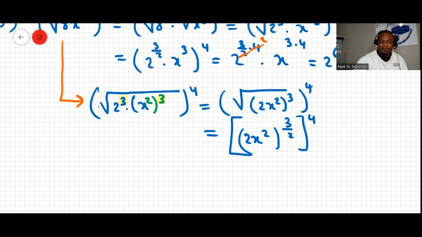Now, 4 and 2 here will be simplified, left with 2, and then this makes 2x squared to the power of 6, sorry, because we multiply 3 with 2 there, and that makes 2 to the power of 6, x to the power of 12. Okay, thank you.